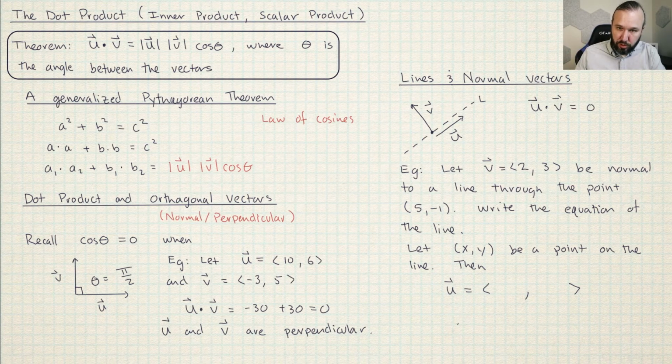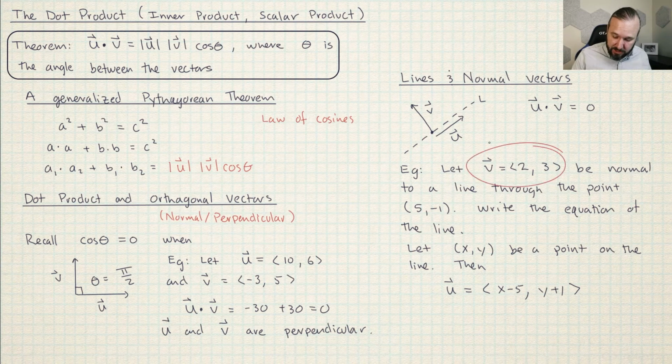I can produce a vector that is in the line using final minus initial. So I'm going to view xy as the final point on the line and 5, negative 1 as the initial point on the line. So then x minus 5 is equal to, and y plus 1. Now I've done it. I've got a vector that is in the line using final minus initial.